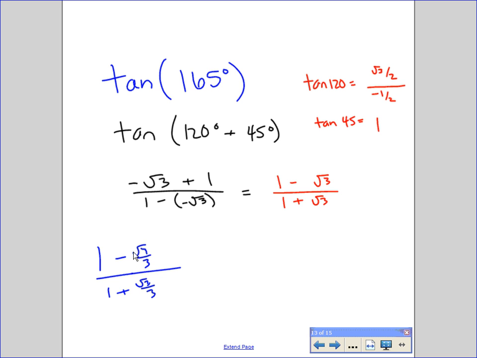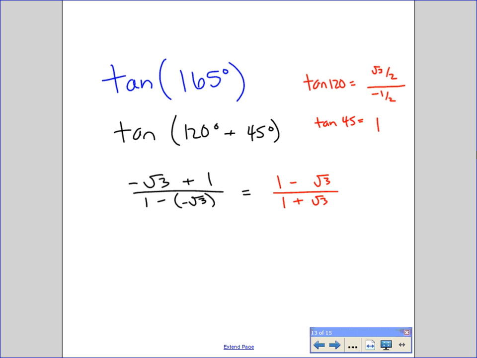I multiply top and bottom by 3 just to get rid of the denominator altogether. So instead of your conjugate being 1 minus square root of 3, your conjugate would be 3 minus square root of 3. That would be how I would take care of a double fraction. Just to avoid small arithmetic mistakes, I would get rid of the fractions as soon as possible.